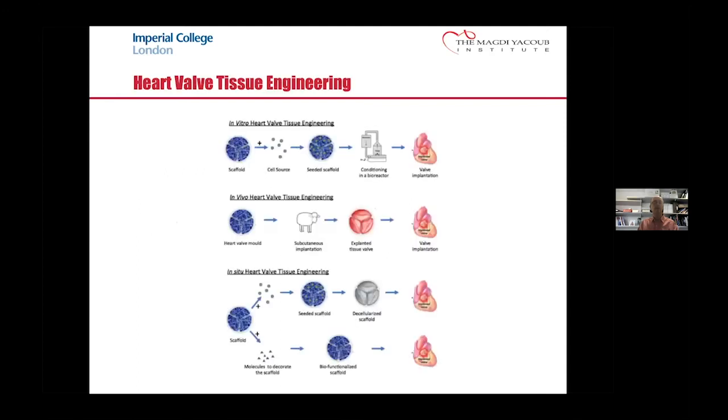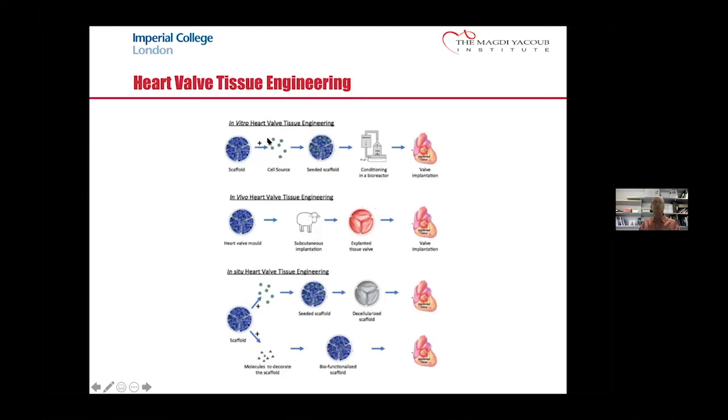So if we go back and look at these key components of the biological aspects of normal valves and just speculate as to these different strategies, which are important to which and how they might be best addressed. So within the in vitro tissue engineering approach, your choice of cells with which to populate your scaffold is a key choice.